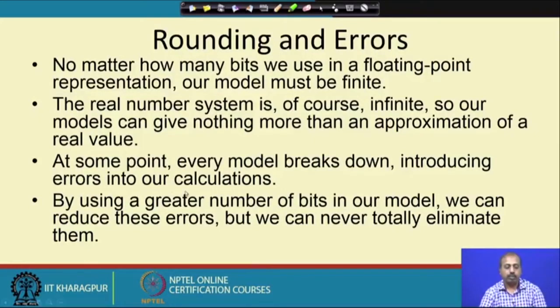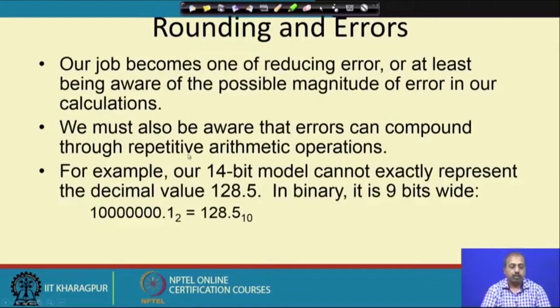So, these errors will remain, they will not go. So, how to reduce the error? We should try to reduce the error while doing arithmetic with floating point. We should have an idea of how much error may get introduced into my calculation.